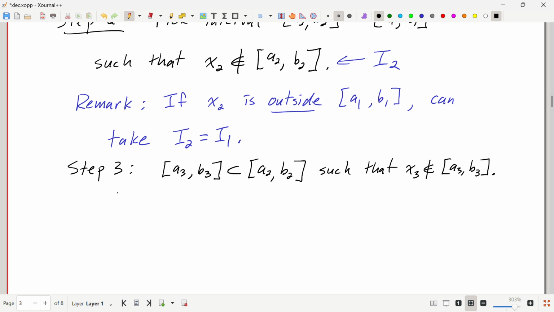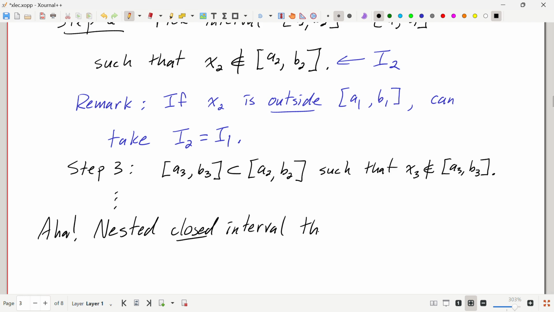So the aha moment is the nested closed interval theorem gives us an R that's in the intersection.